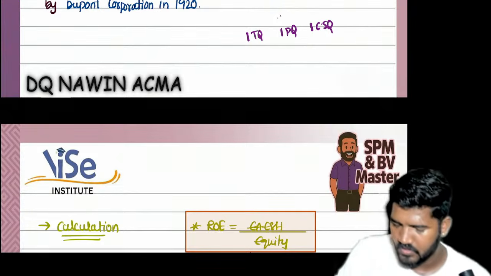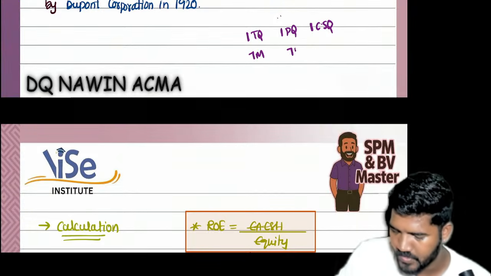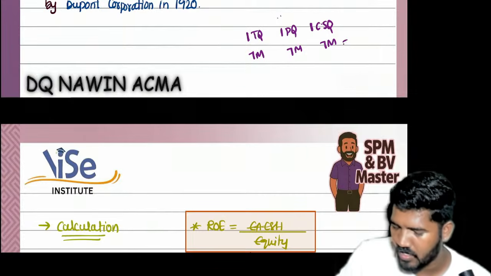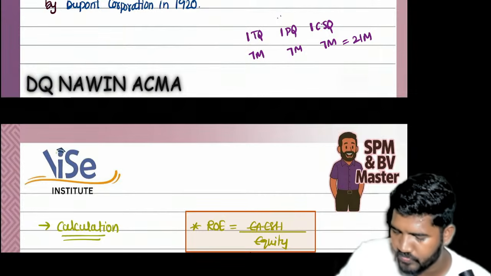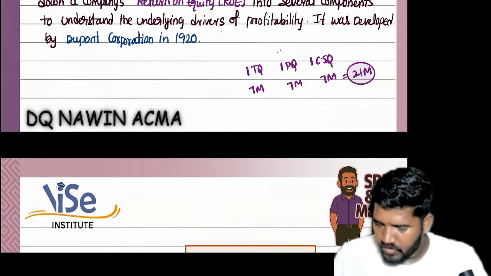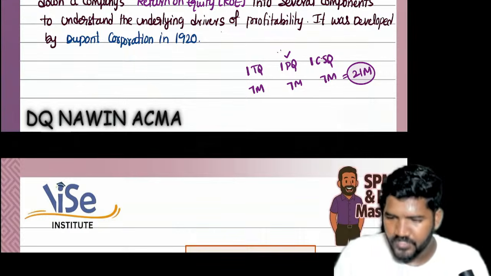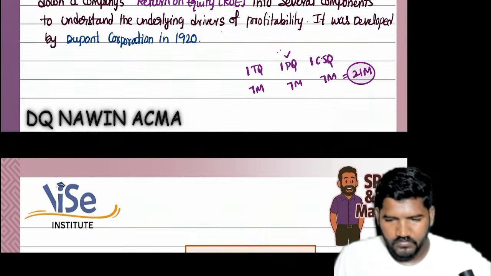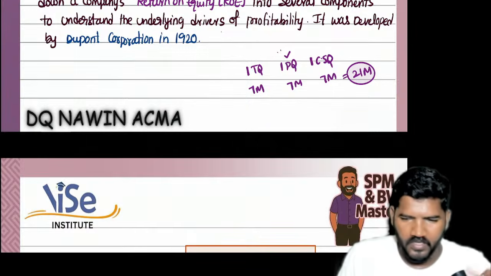Be clear: 7 marks, 7 marks, 7 marks. On average from this chapter, you will get 21 marks. The problematic question is very easy.